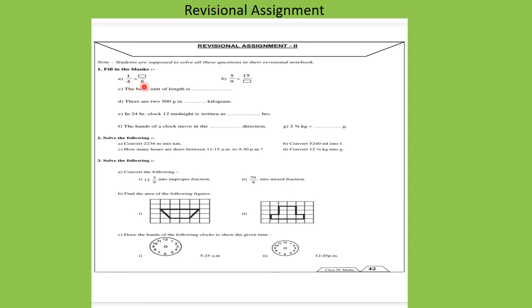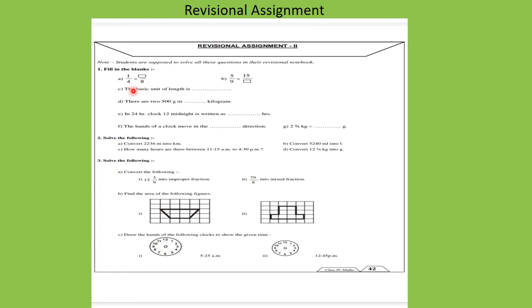In the same way we multiply the numerator 1 by 2, and we get 2. So the fraction needed is 2 by 8, and both these fractions are equivalent fractions.